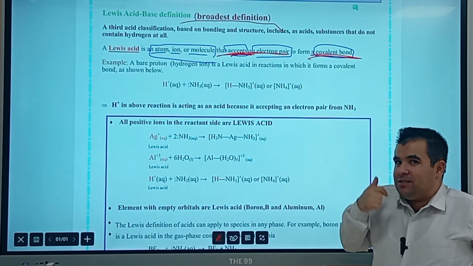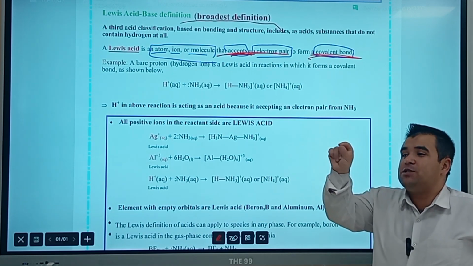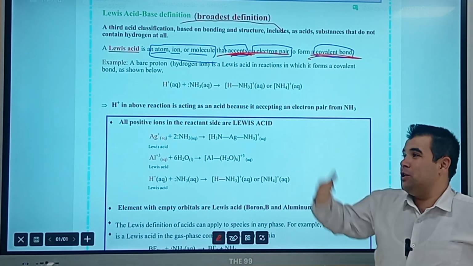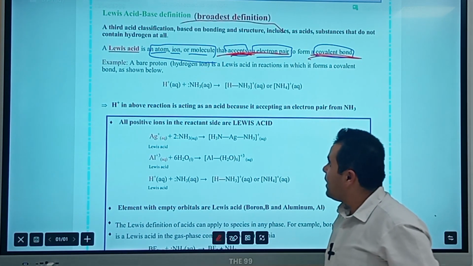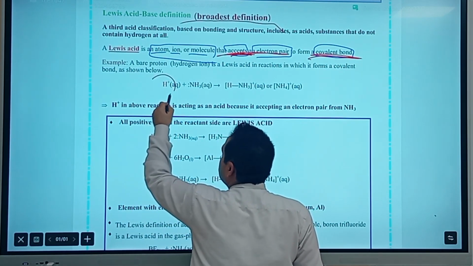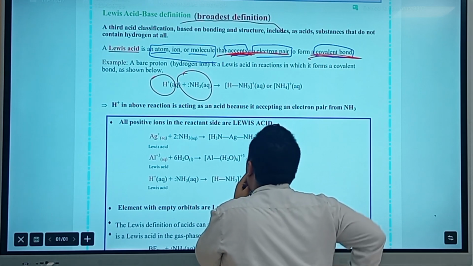If you remember, the acceptance of proton was in the Bronsted-Lowry for the bases. In Bronsted-Lowry the acids donate a proton, but here they accept a pair of electrons. Let us see how. The bare proton, which is H positive, reacts with ammonia.